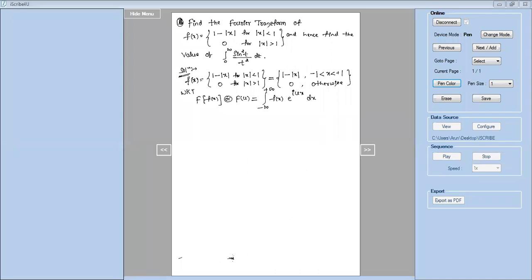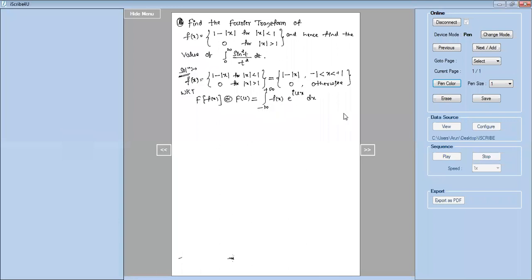Okay. So we have written the formula of Fourier transformation, f of u equals. Now you know that this formula contains minus infinity to plus infinity, but the function is defined only in minus 1 to plus 1. So straight away I can replace this minus infinity to plus infinity by minus 1 to plus 1.